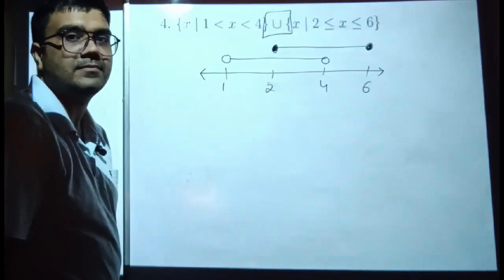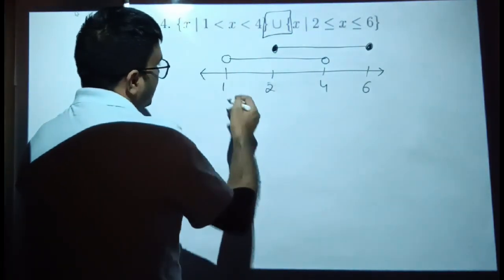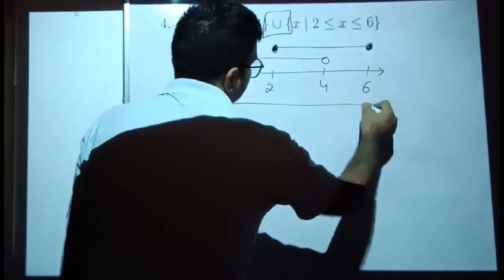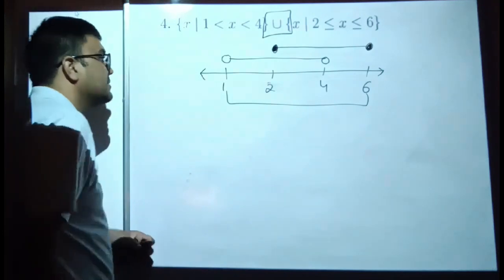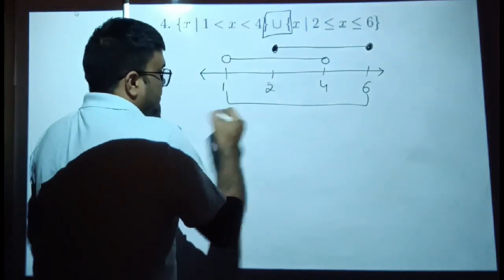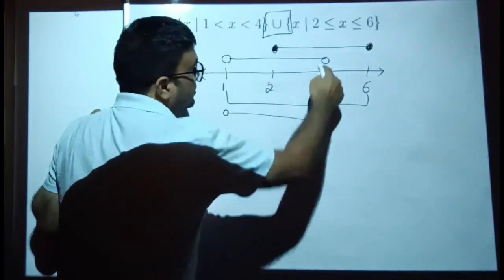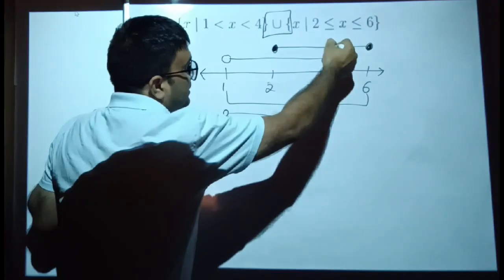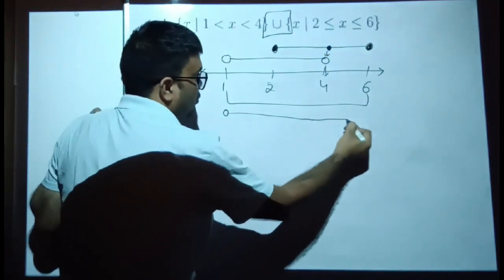union. Now, when we are considering the union, we are talking about the region that both these will cover. Together they will cover this. We start over here. 1 is not included. All the points after this are included. 4 is not included here, but it is included over here. So 4 is covered in this common portion.